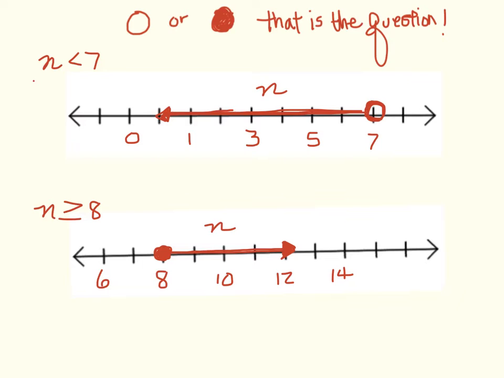Now, we're going to do everything we learned in the first part of this chapter, plus put the answer on a number line. So the next part of this should look familiar. Okay, we're going to start with an addition problem. And we're going to say n plus 3, but now it's not going to be equal to 7.